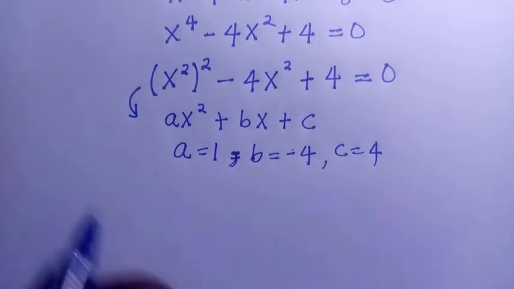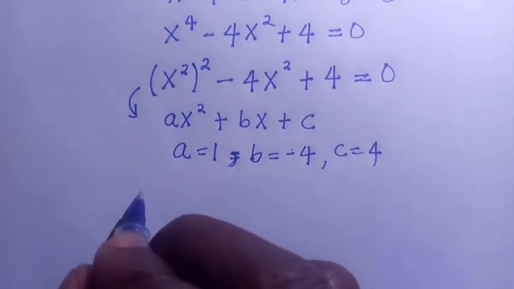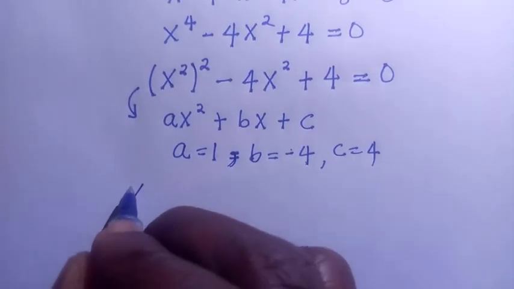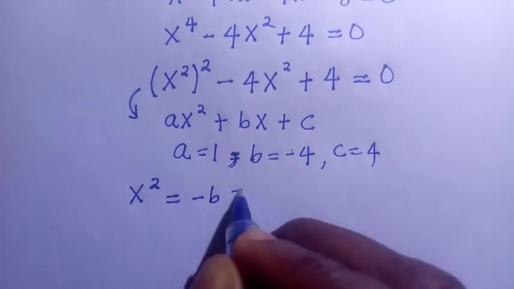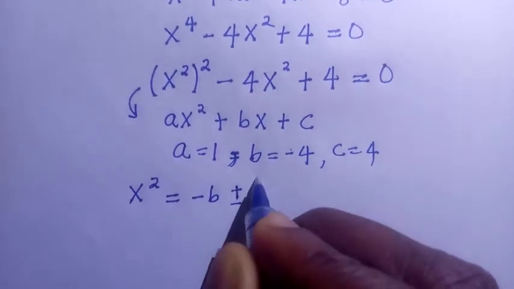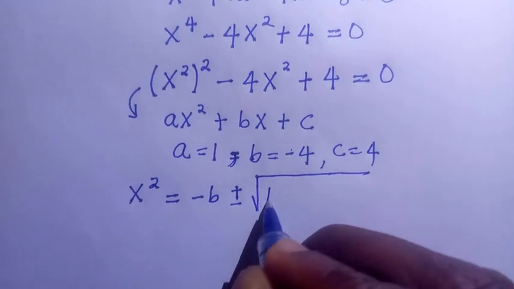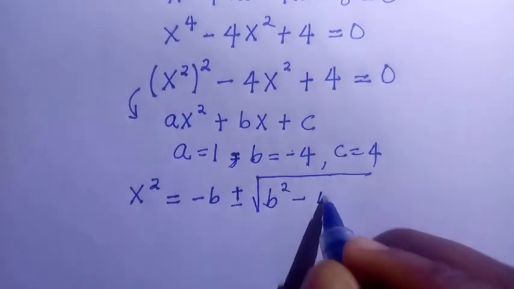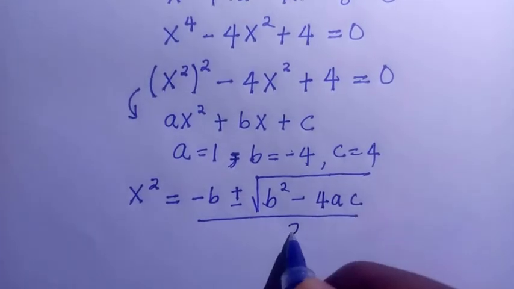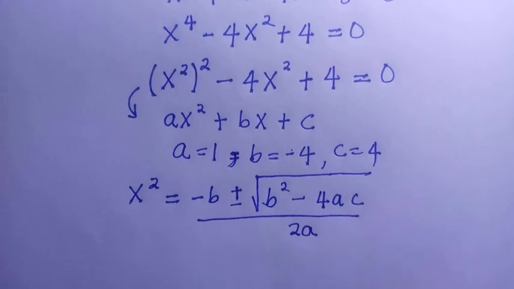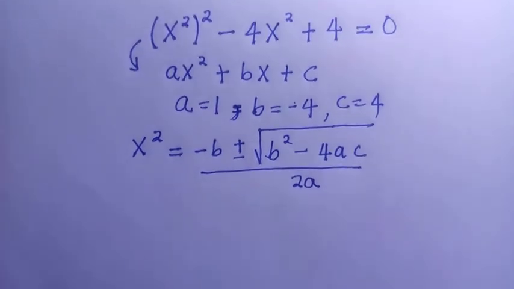So we plug this in this quadratic equation. We are not using x again, we are using x to the power of 2 equals minus b plus or minus the square root of b square minus 4ac divided by 2a. So this is what we are going to apply to solve this.